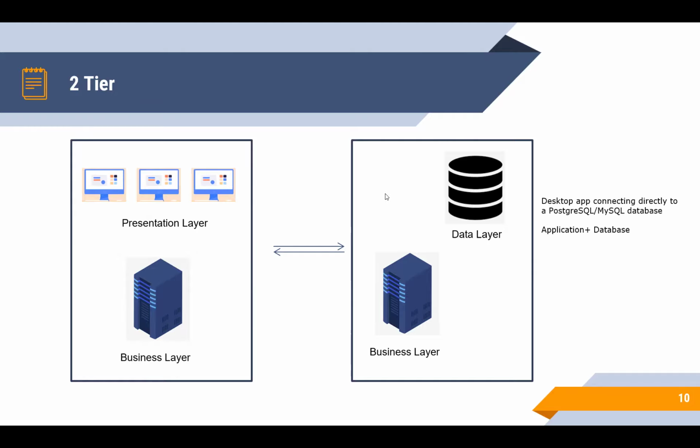And the business layer is up to you, whether you have it on the same machine or on the other machine. So ultimately in two-tier architecture, how many machines are we going to use? We are going to use only two machines or two servers. Clear till this point?